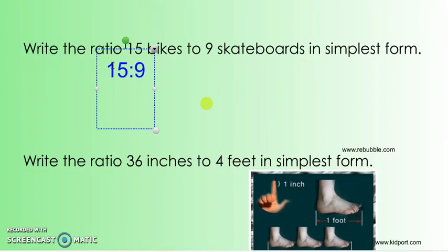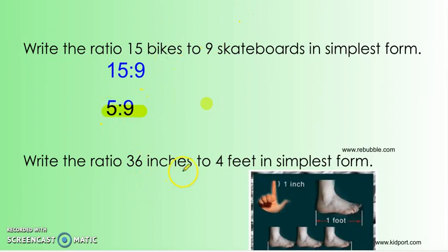So 15 divided by 3 is 5, and 9 divided by 3 is 3, so 5 to 3. Anything else that goes into these two numbers? Well, the factors of 5 are 5 and 1. 1 goes into 3, but that won't change the number. But 5 does not go in there. So this is simplest form. That is my answer.